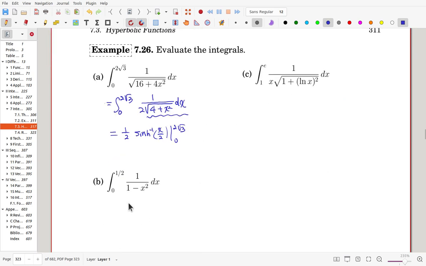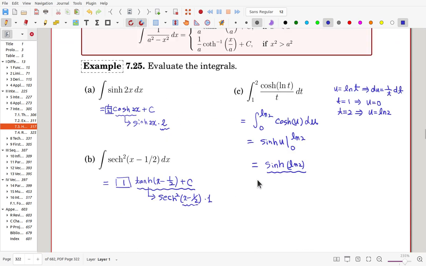And now for this one, here x is moving from 0 to 1/2. That's a squared, so a squared equals 1. Now if we compare with x squared, x must be between 0 and 1/2, so a squared is larger, right?